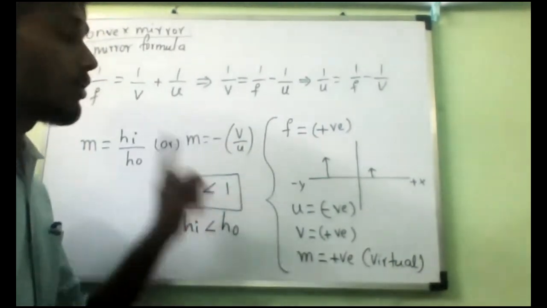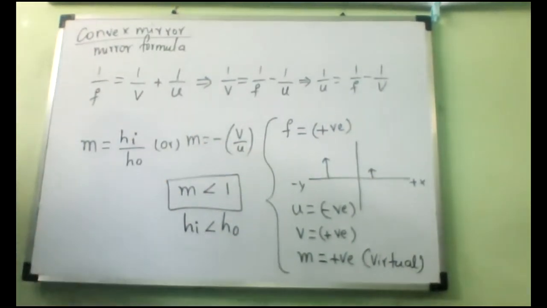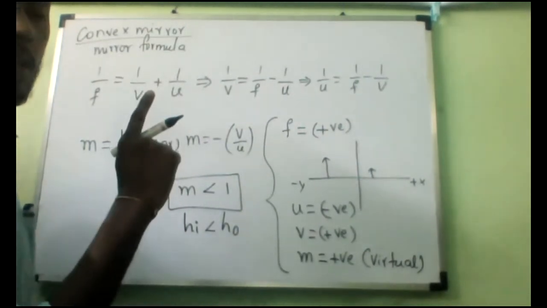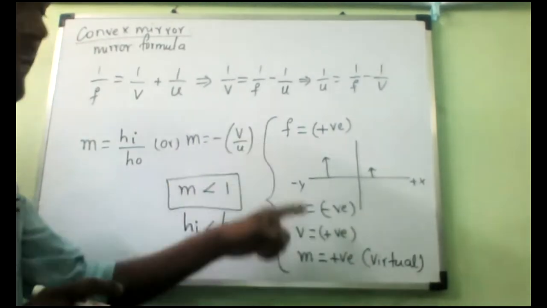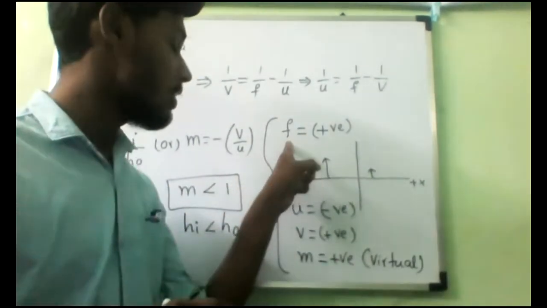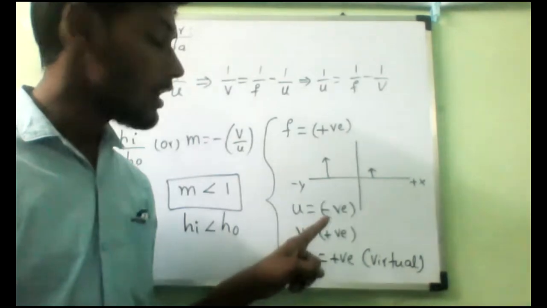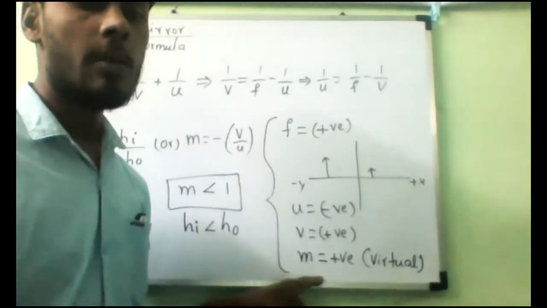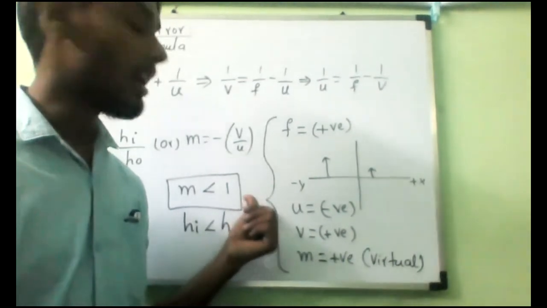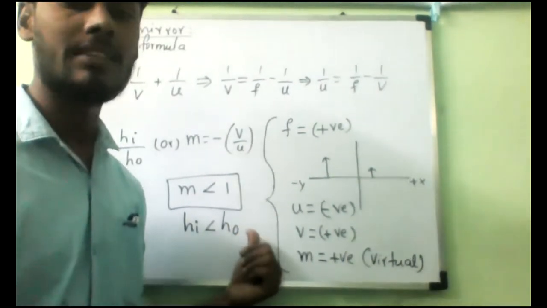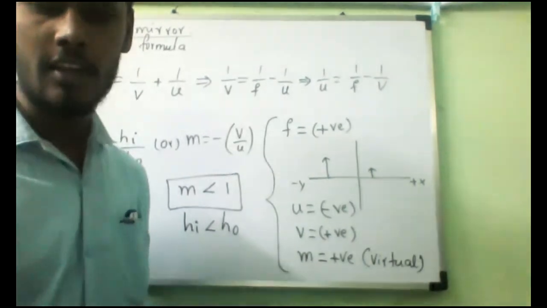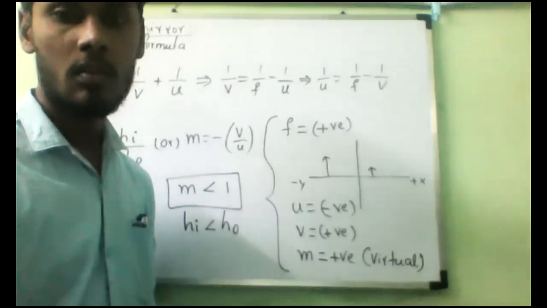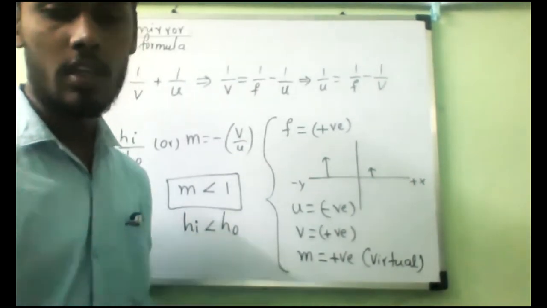So whenever you see a convex mirror in the question, our mind should say all these sign conventions: F is positive, object distance is negative, image distance is positive, magnification is positive and less than 1, and the height of the image is less than the height of the object. Is there any doubt? You can ask. Do you understand, Akhil, Arfan? Yes, sir. Note it down, all of you.